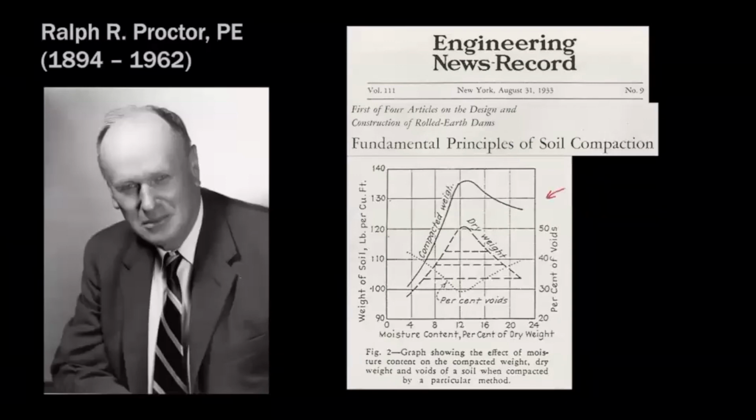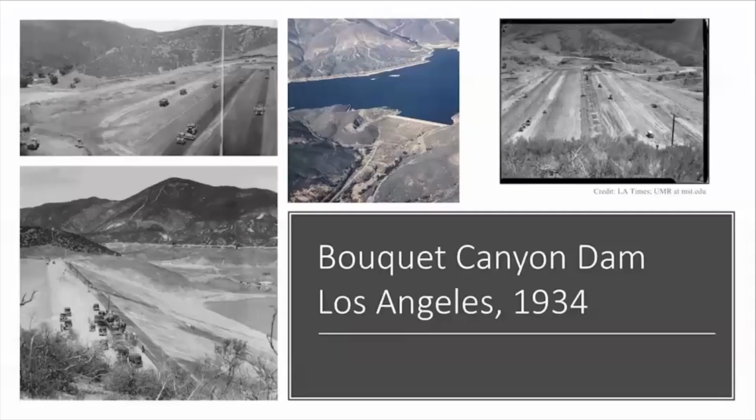That's basically what we're going to learn in this chapter: the relationship between moisture content and the unit weight of compacted soil, which is attributed to Ralph Proctor back in the 1930s. The first project was Bouquet Canyon Dam in Los Angeles, constructed in 1934.